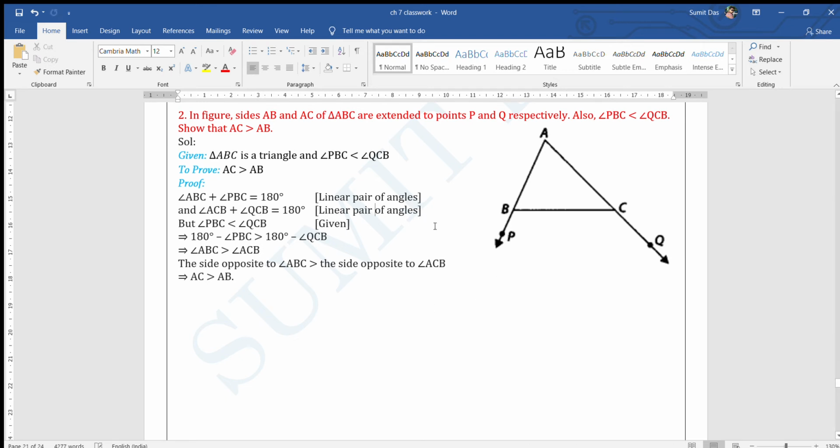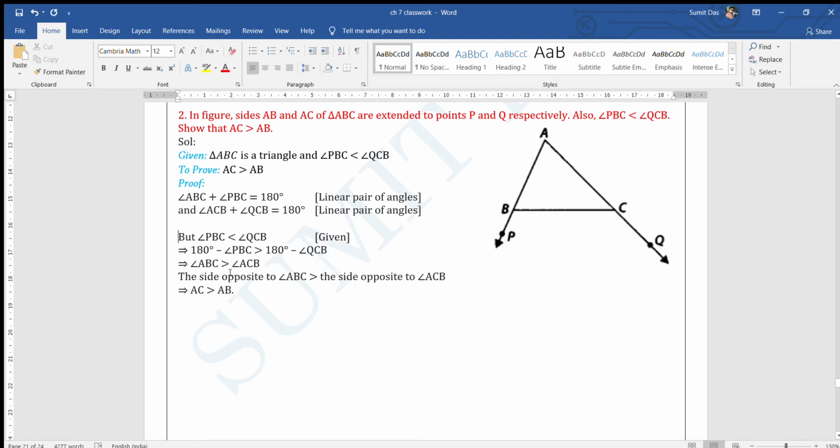Now, PBC is less than QCB. It is already given that PBC is less than QCB.